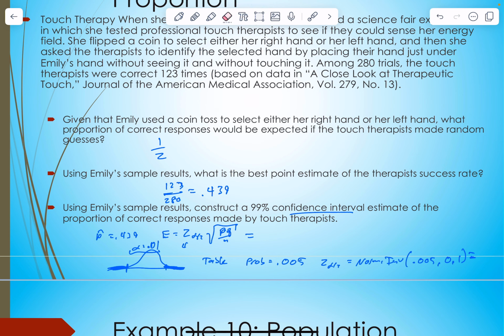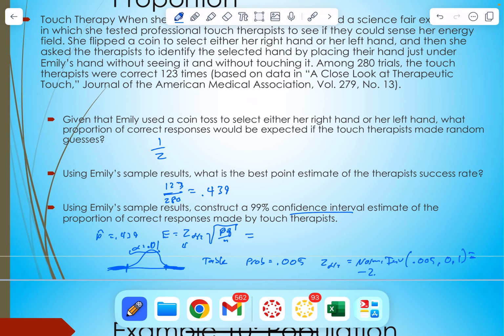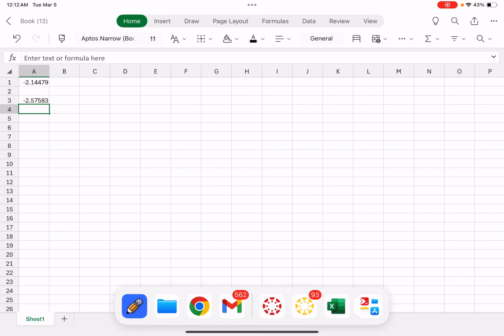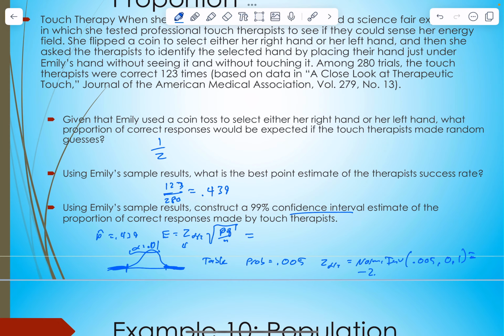Negative 2. What was it again? 575. 576. And then, of course, I'm just going to make that positive because of symmetry, and I always want my critical number to be positive.